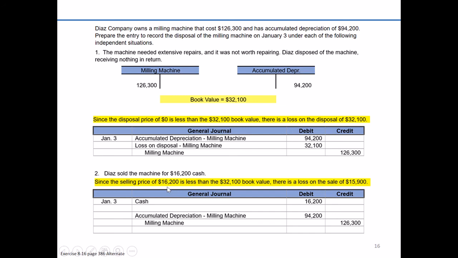We received $16,200. From that, we'll subtract what we gave up, the $32,100 book value. $16,200 minus $32,100 would create a negative $15,900. So we received less than we gave up. So that also is going to be a debit to loss on disposal, but this time the difference is $15,900. Again, these are independent scenarios.